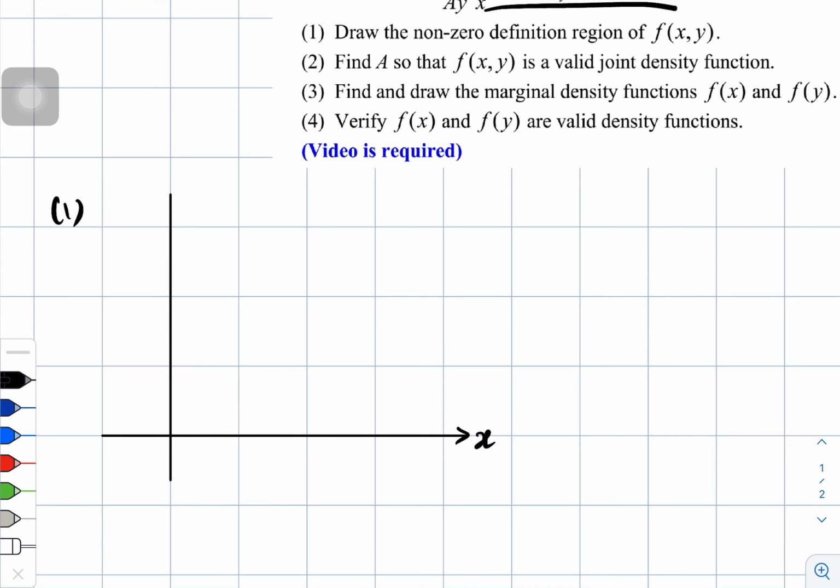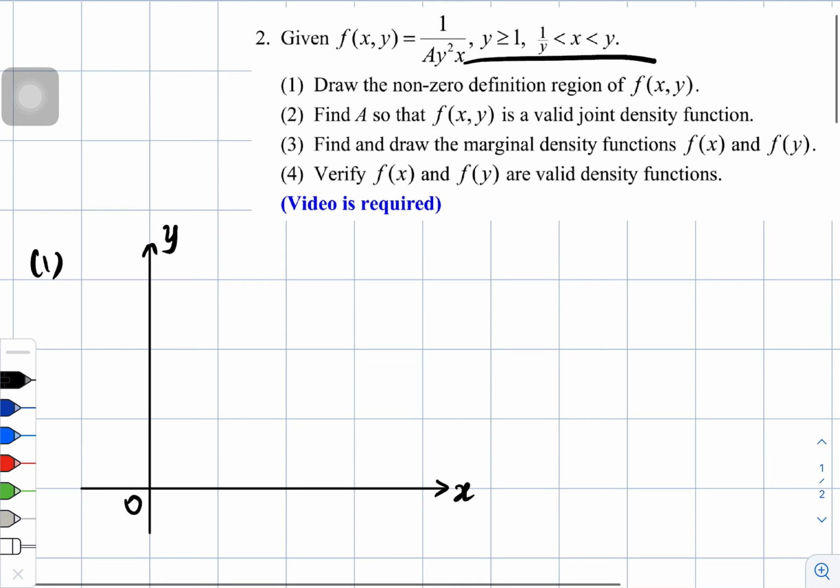So we should start from y equals x, something like this. And then x times y equals 1.